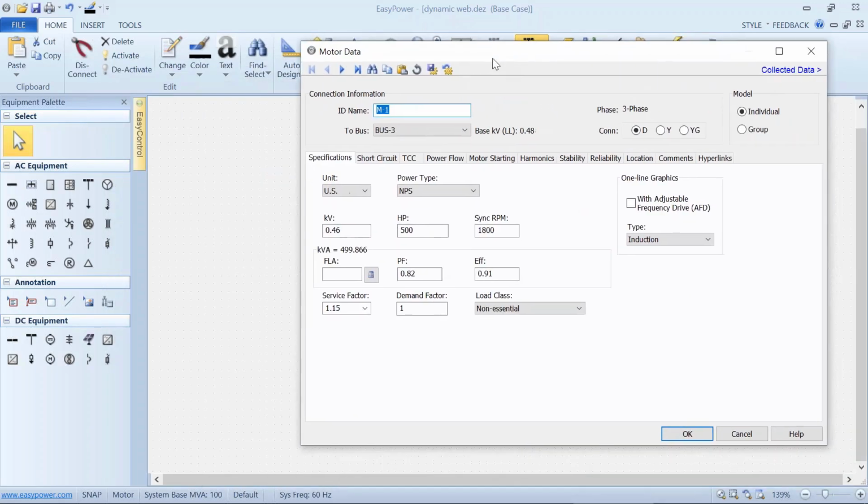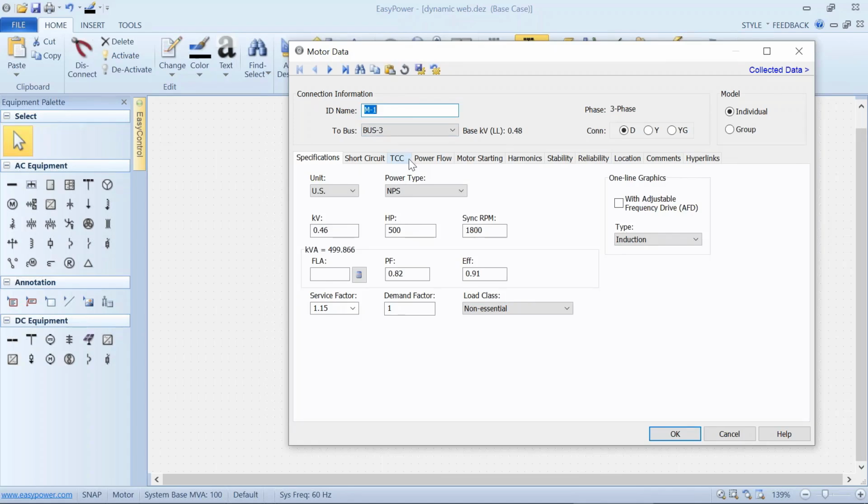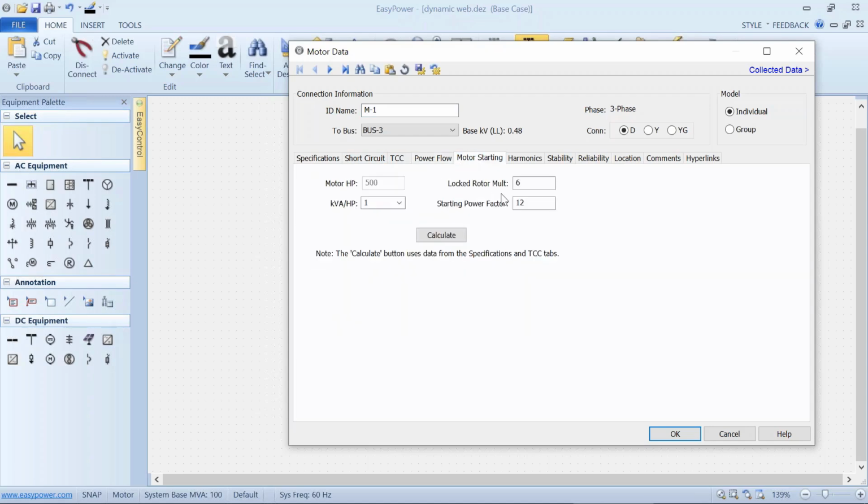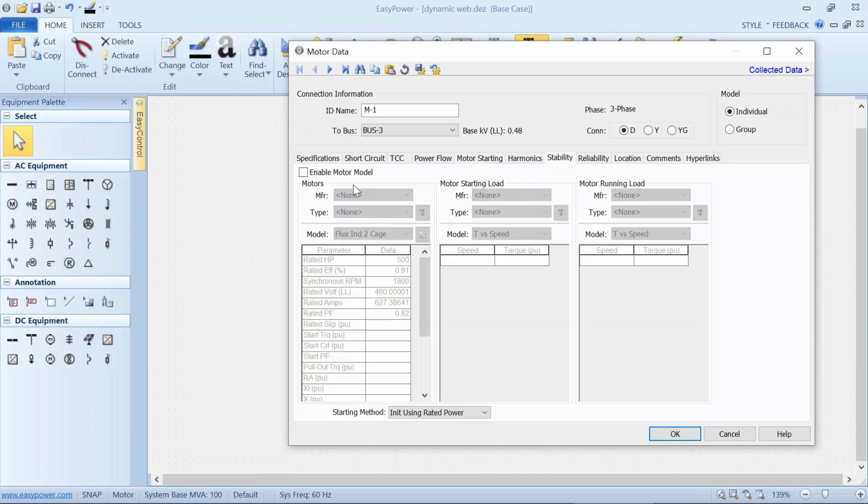I've opened up the motor data dialog box, and for short circuit, I just had to fill in these three tabs. For power flow, I have to fill in the information here. For impact motor starting, which is what we just did, these are the factors that influence it. For stability, though, we have to enable the motor model, which is a full flux model, and it's dependent upon the characteristics of the motor itself.